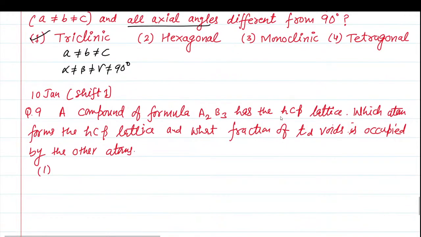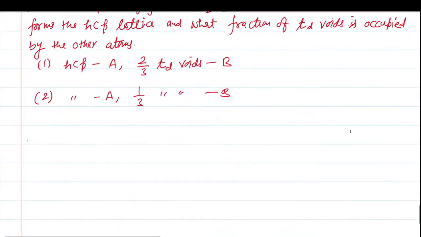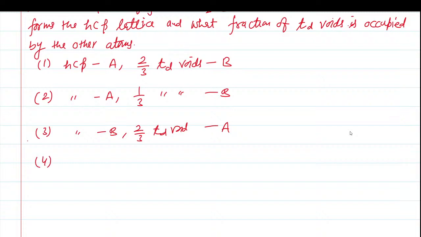Options are: HCP lattice by A and 2/3 of tetrahedral voids by B. Second option is HCP lattice by A and 1/3 of tetrahedral voids by B. Third option is HCP by B and 2/3 of tetrahedral voids by A. And fourth option is HCP by B and 1/3 of tetrahedral voids by A. Yes.